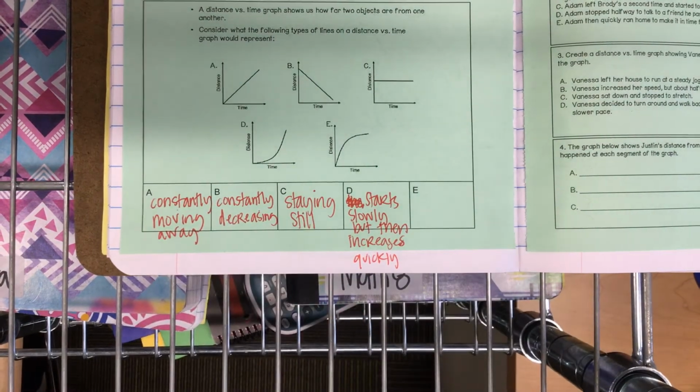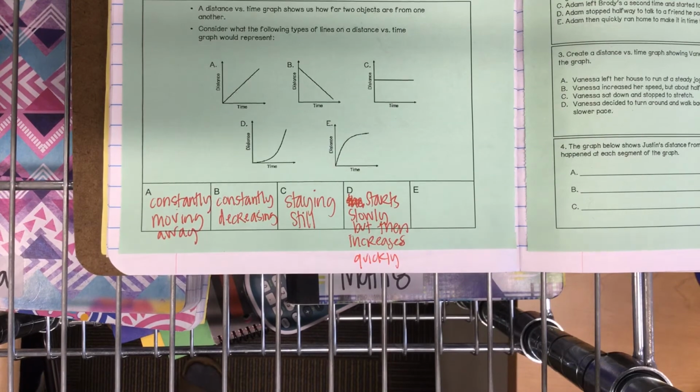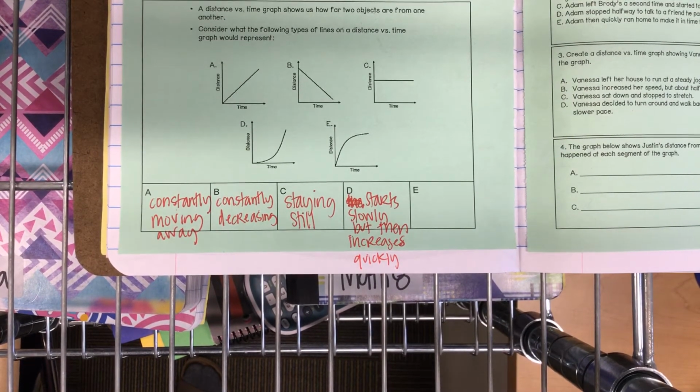It starts slowly, right? But then as time increases, it goes up fast. It's increasing. It just starts slow and then speeds up. It's not linear.